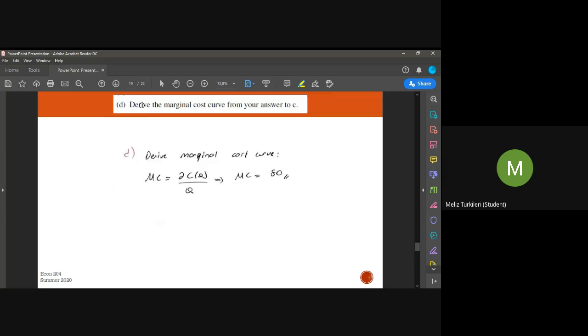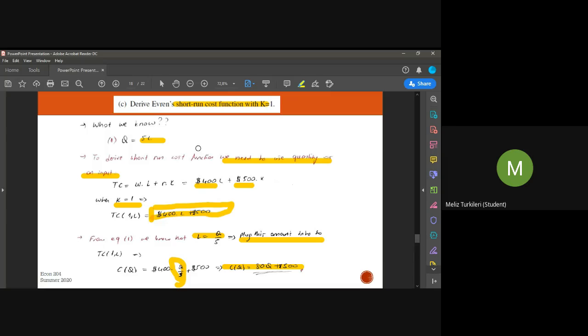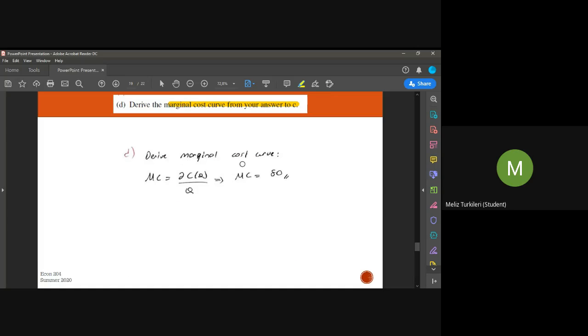Okay, the D section asks us for the marginal cost curve from your answer to C. What we know is that this is our cost function, and the marginal cost curve is equal to the partial derivative of the cost function with respect to quantity, with respect to production amount.